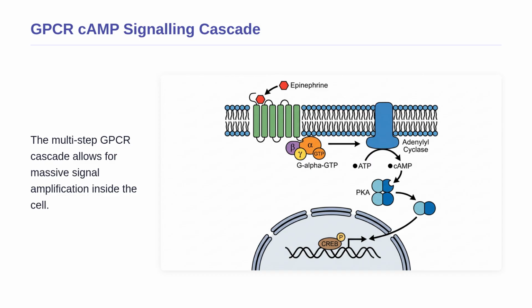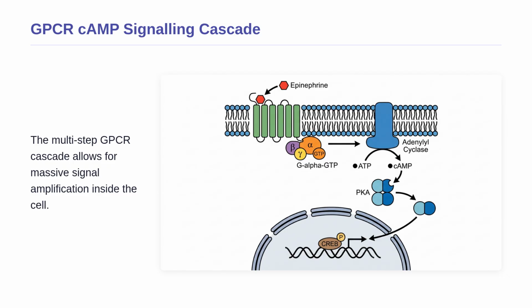Here, you can see the cell membrane separating the outside environment from the inside. Notice the GPCR weaving through the membrane 7 times. The ligand, epinephrine, is bound to the top. Below the membrane, you can see the G protein complex splitting apart, with the active subunit moving over to bind with adenylyl cyclase.